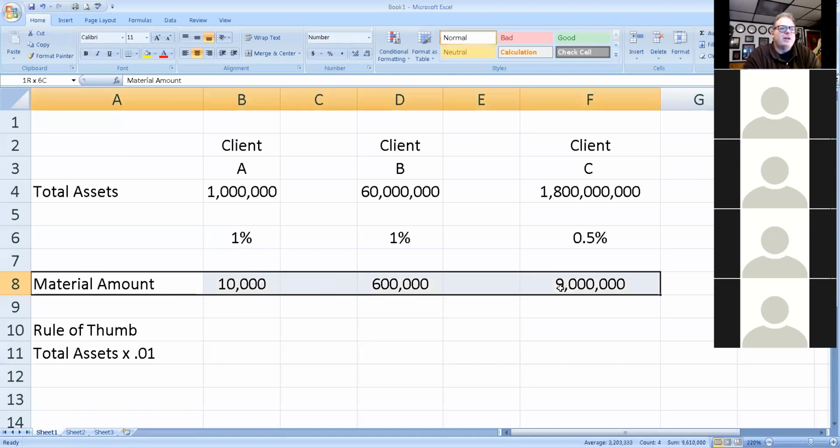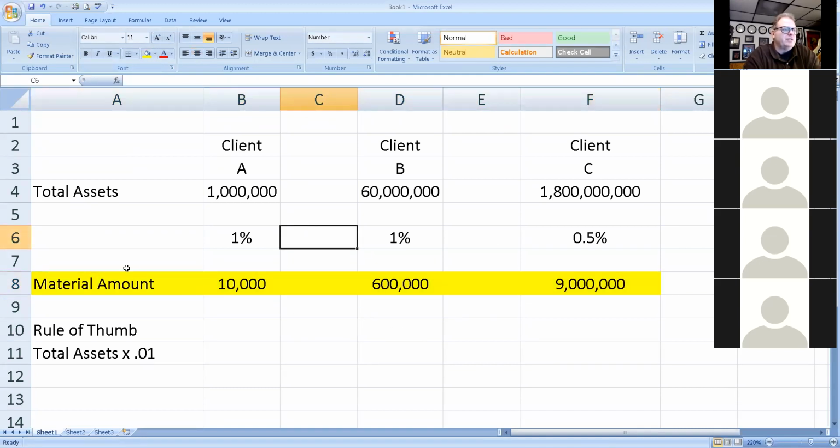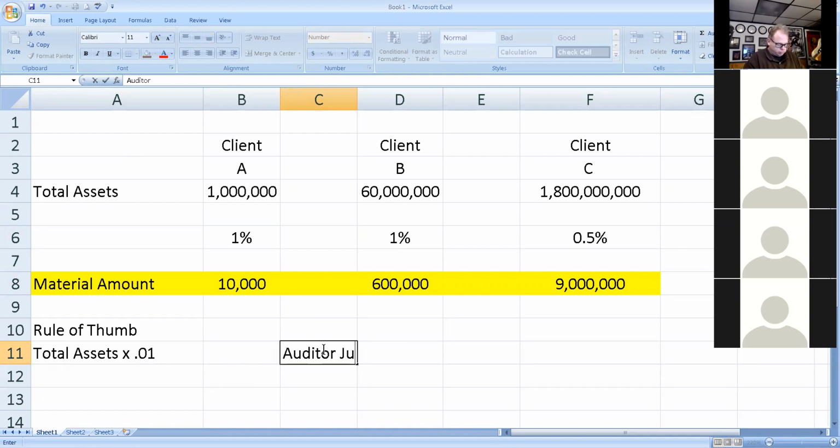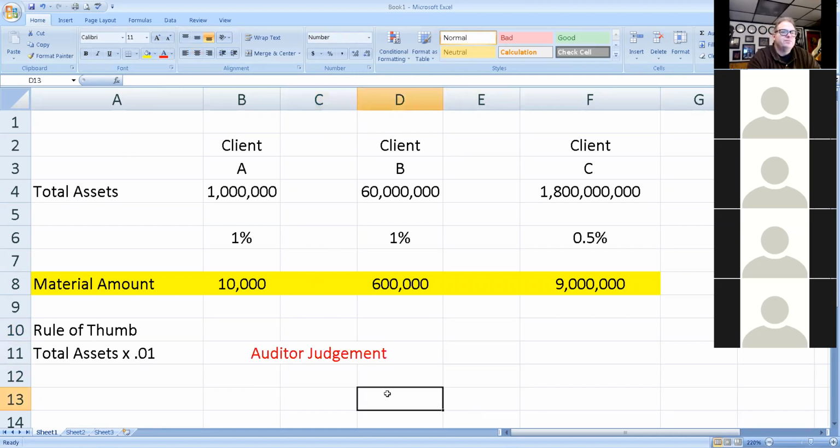So the material amount is, again, this is all judgment. So the whole thing is auditor judgment.